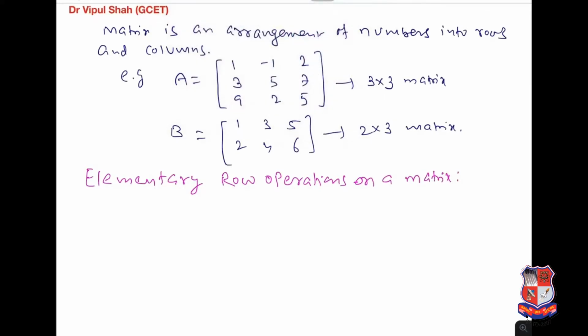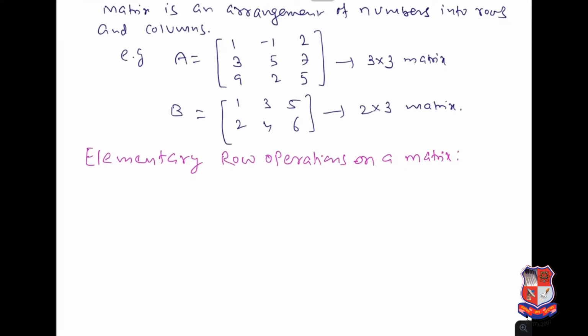So we are having a matrix and there are 3 types of elementary row operations on it. The first one is interchange of any 2 rows.